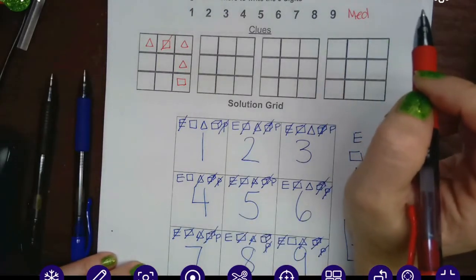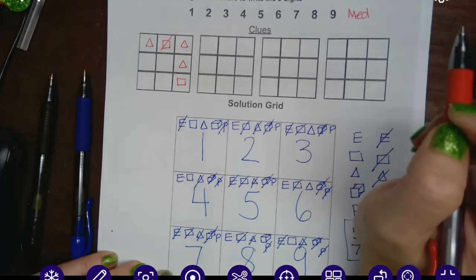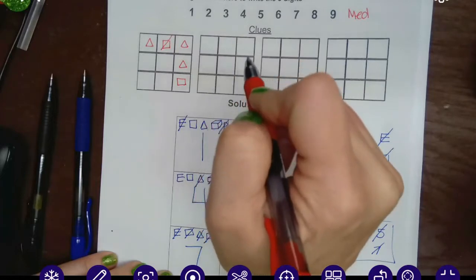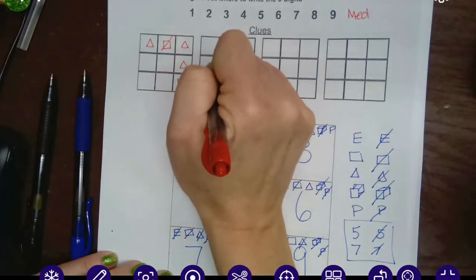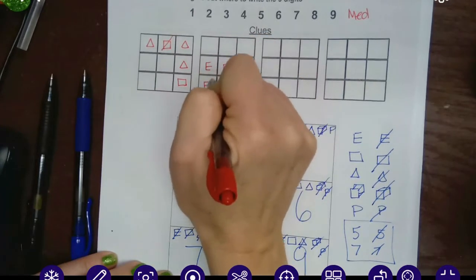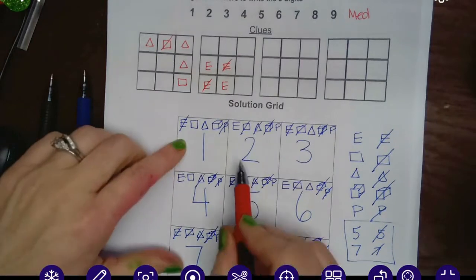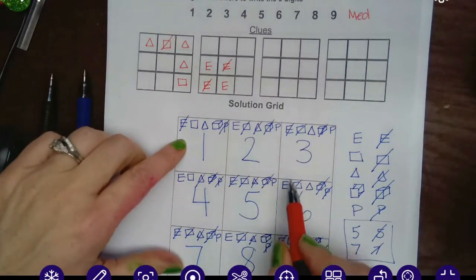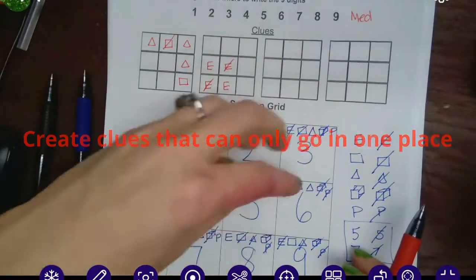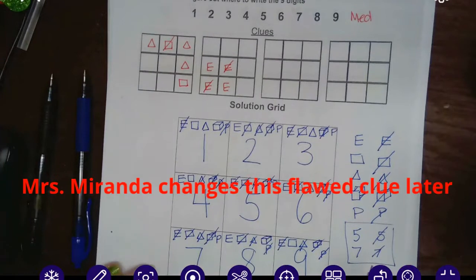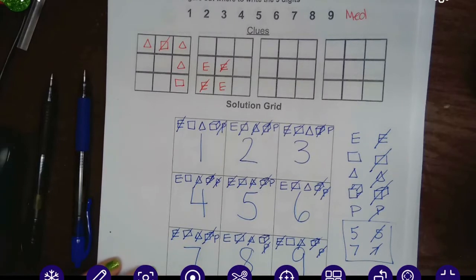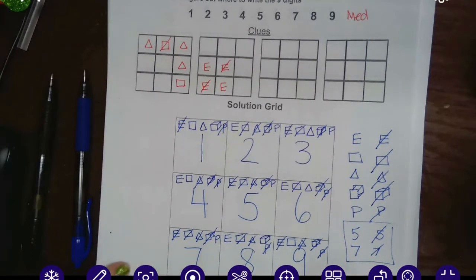So now I need to give some other clues. Let's see. How about something like this? An even, an even, a not even, and a not even to represent this. It could also work here. I'll leave that and see how that works out. I love those cube numbers because it's only possible in a couple places.